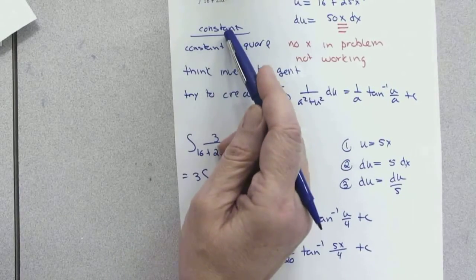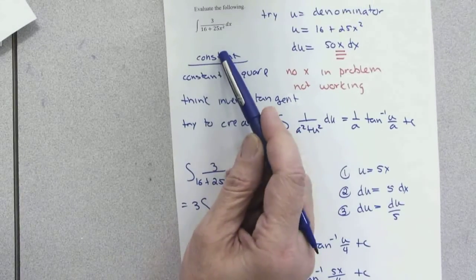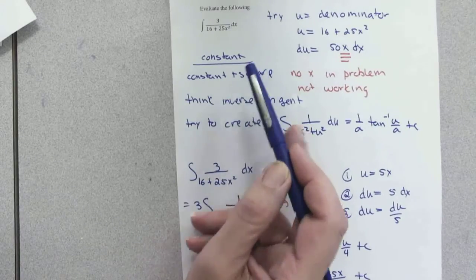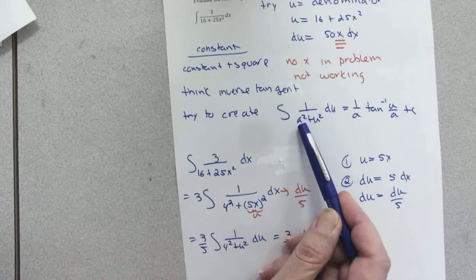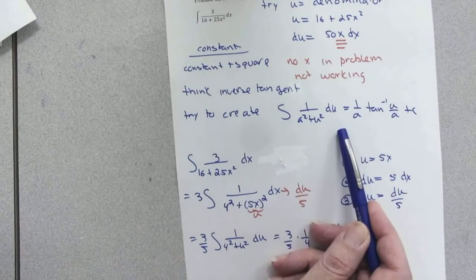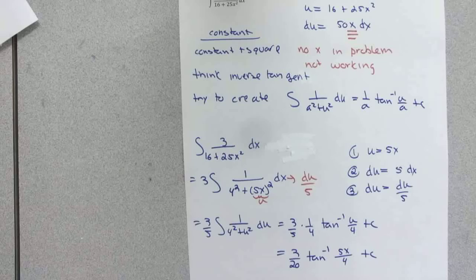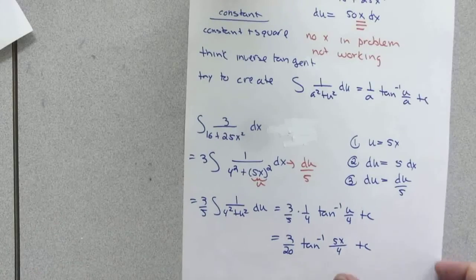These do not have to be the same number here. But constant over constant plus square. If you have that form, you're going to try to create 1 over a squared plus u squared du, which is going to integrate to tan inverse. Okay, so much for that one.